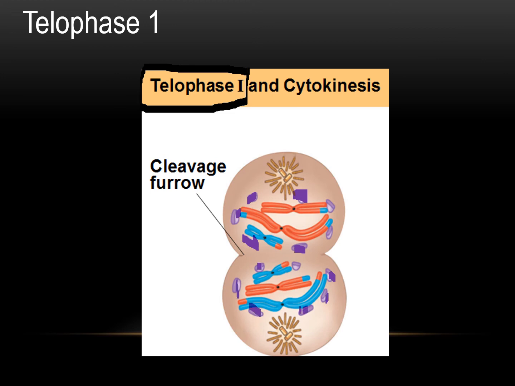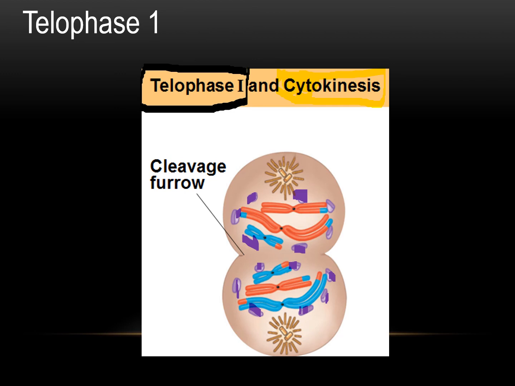And we also notice that there's no longer spindle fiber. So your spindle fiber does not necessarily disappear, but rather it dissolves into the cell. And following the process of telophase is not a phase of meiosis, but rather a cell cycle stage called cytokinesis. Cyto means cytoplasm, kinesis means to split.